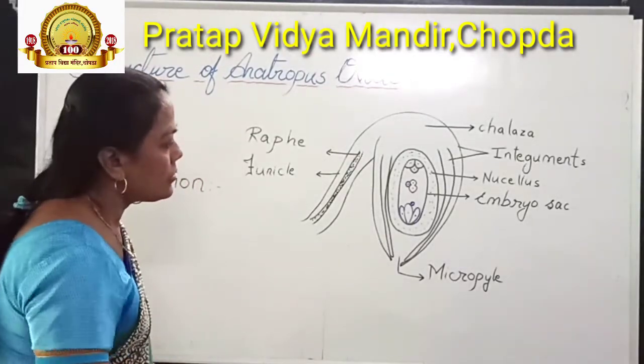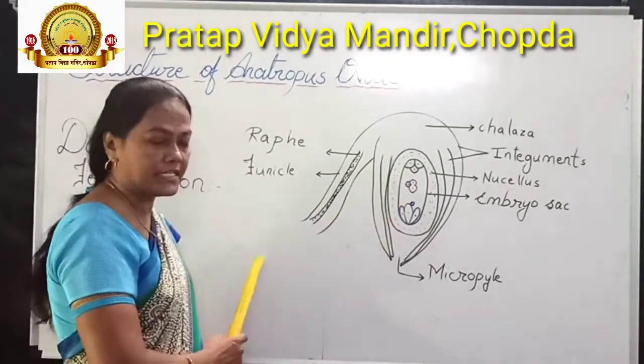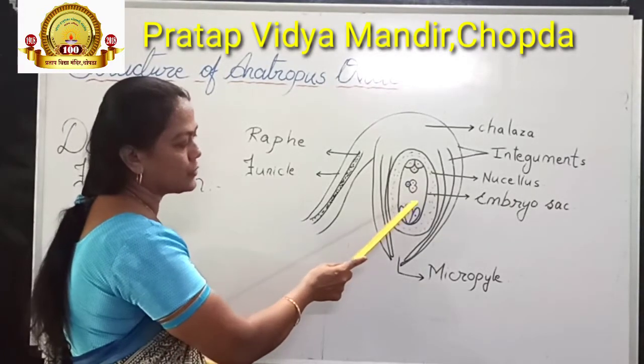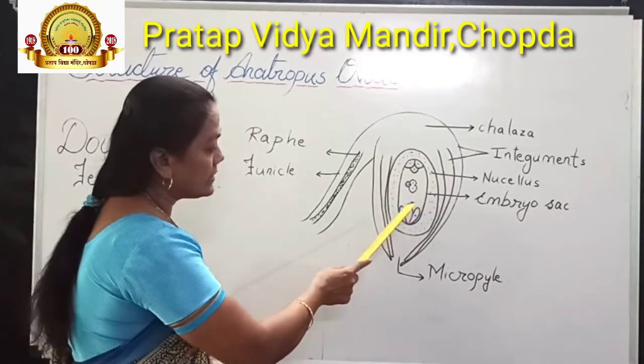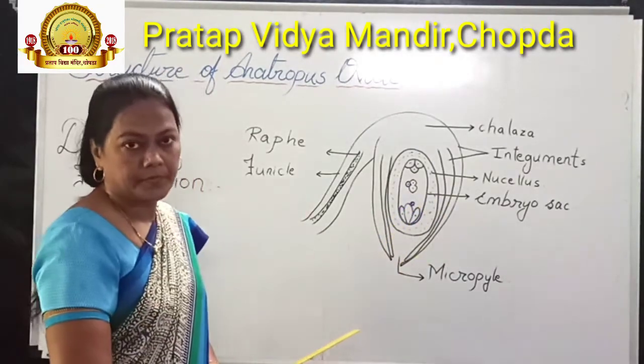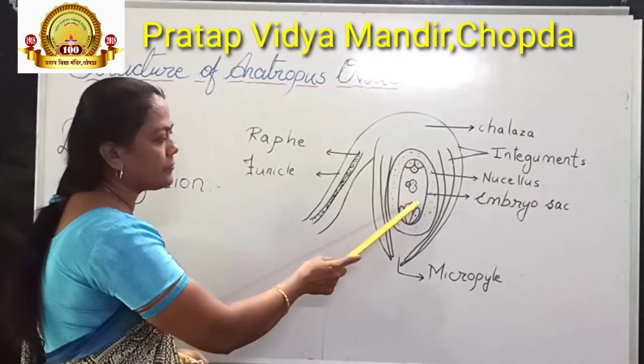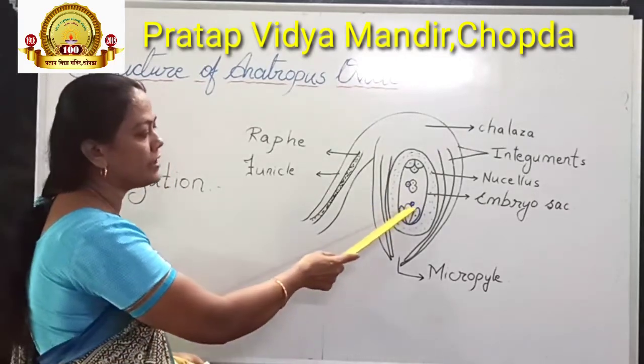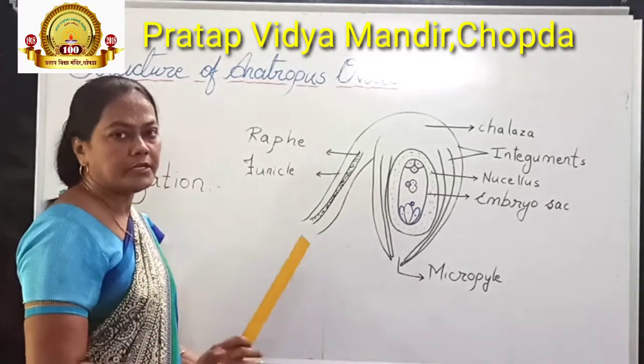Now, how does the fertilization take place? Now two nuclei will unite and hence the zygote will be a diploid zygote.